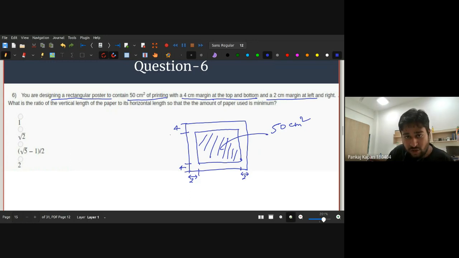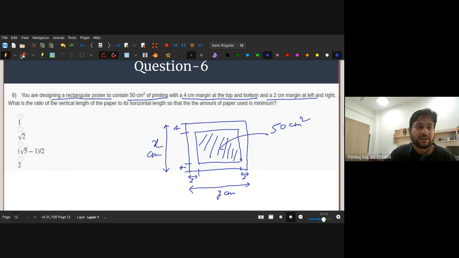So if we assume that this is the length and breadth or height, let's call this x centimeter, and this is my y centimeter. Conventionally, let me write this horizontal one as x, like the x-axis, and this is y centimeter.